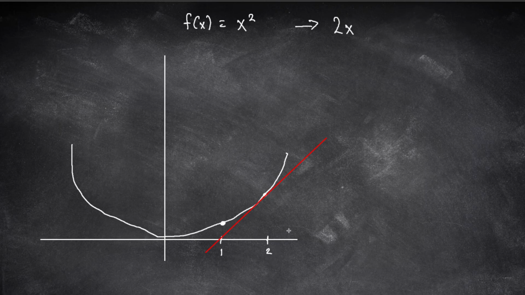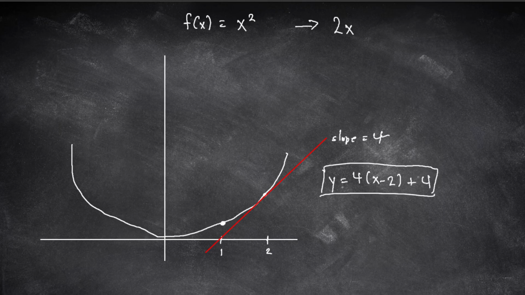Well, 2 times 2 is 4. So obviously it's steeper, mathematically proved. So y is equal to our slope 4, times x minus 2, and our y value, plug in 2 into our equation, so 2 squared is 4, so plus 4. So this is the equation of our tangent line for x equals 2.